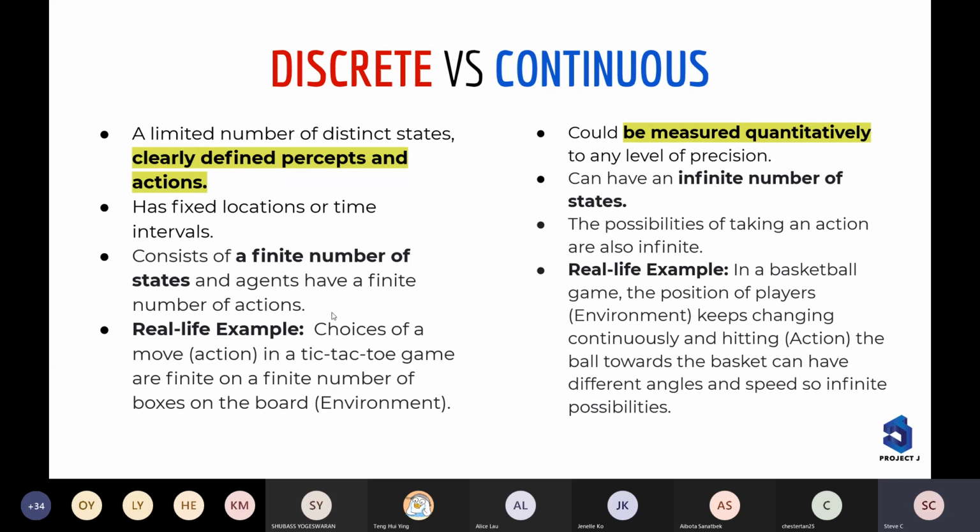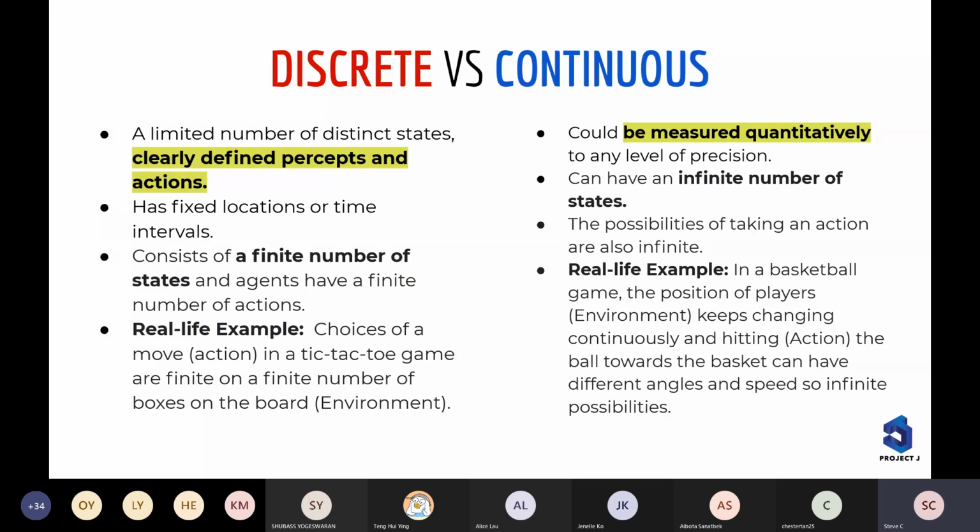You have only 9 boxes that you can choose from. And out of those 9 boxes, you can choose only 3 to 4 because your opponent also has to choose 3 to 4 boxes to fill in. So that's an example of a discrete environment. Now, a continuous environment can be measured quantitatively to any level of precision.